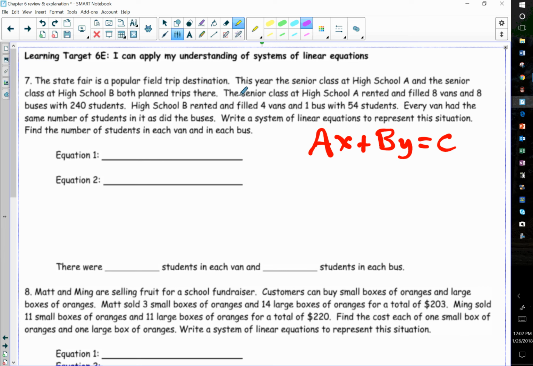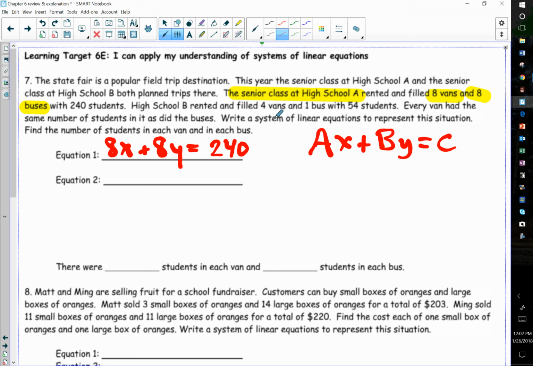For example, the senior high class at A rented and filled 8 vans and 8 buses. In an equation that looks like this: 8 vans and 8 buses for a total of 240 students.